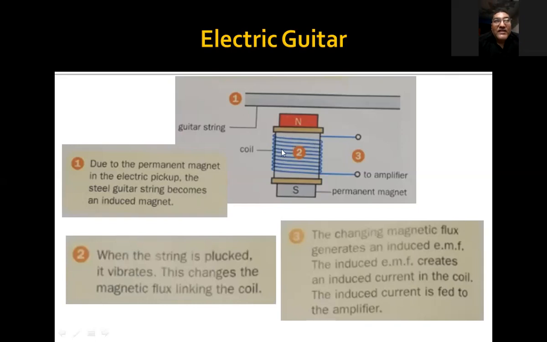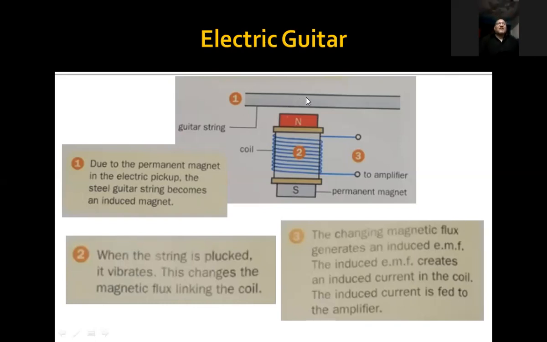And on that permanent magnet, we have a soft iron core, and on that we have a coil. Due to this magnet, this string will also be magnetized. When you touch this string, now this string is also a magnet.